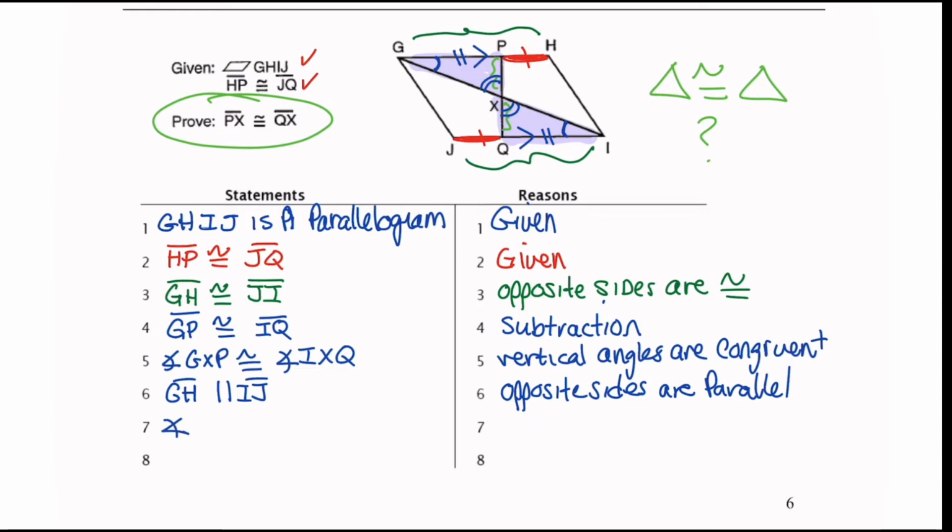Therefore, angle, now we could do this in a proof. You could put 1 and 2 in there as labels, angle 1 and 2. So angle 1 is congruent to angle 2 because alternate interior angles are congruent.